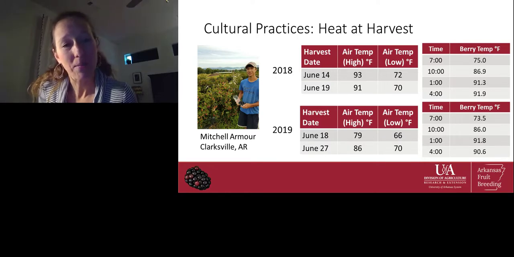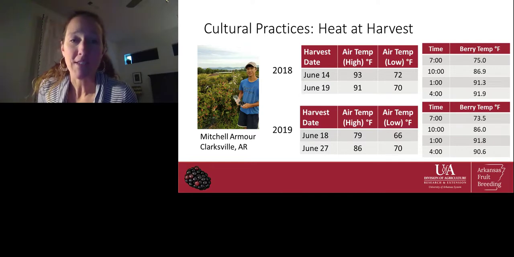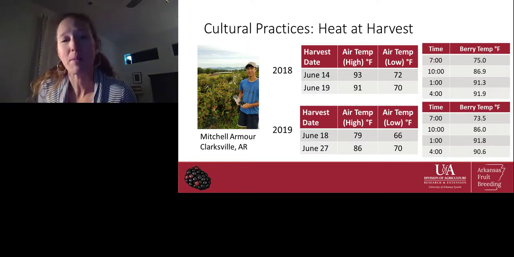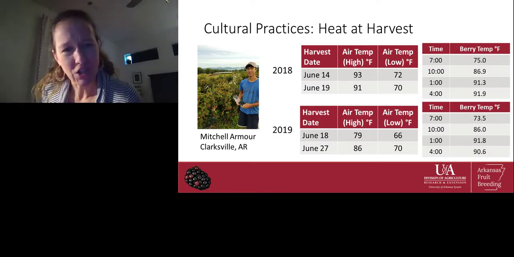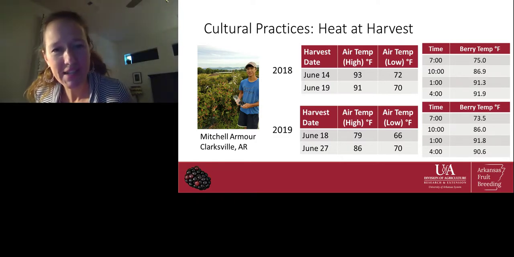My master's student, Mitch Armour, did a 2-year study where he looked at red druplet reversion in 7 blackberry genotypes from our breeding program that were harvested at 7 a.m., 10 a.m., 1 p.m., and 4 p.m. And as y'all can see here, he harvested on 2 different dates in each year, kind of a factorial treatment design here.